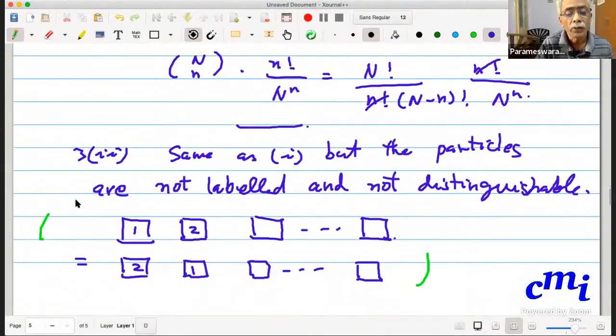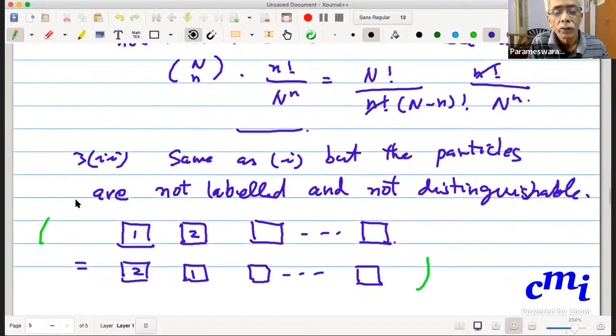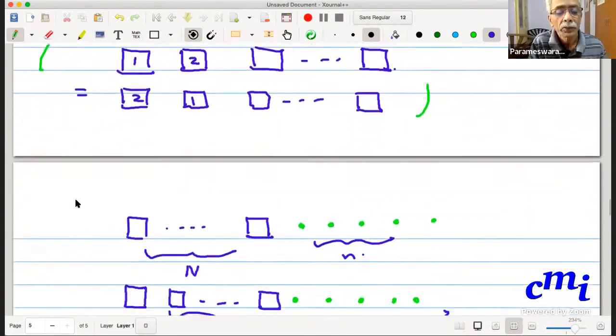These are three different concepts which arise in statistical physics. The assumptions we make come from considerations in physics about the nature of particles, but we formulated it purely mathematically and then solved the problem.